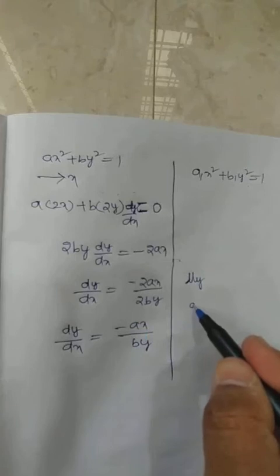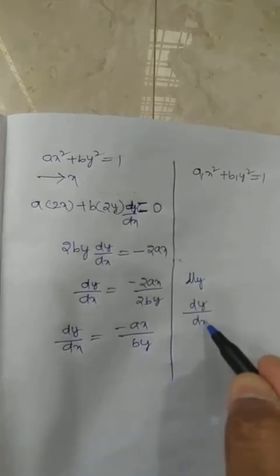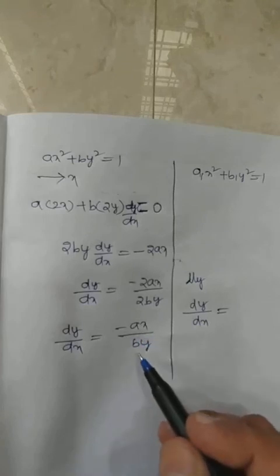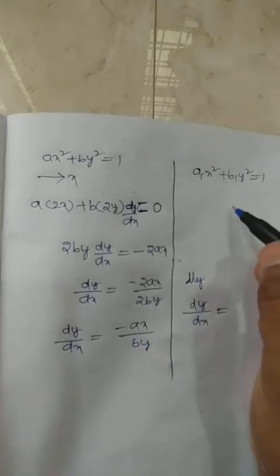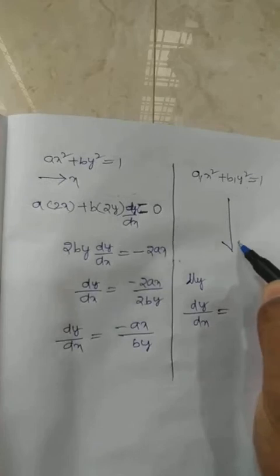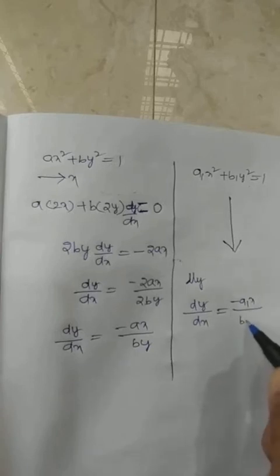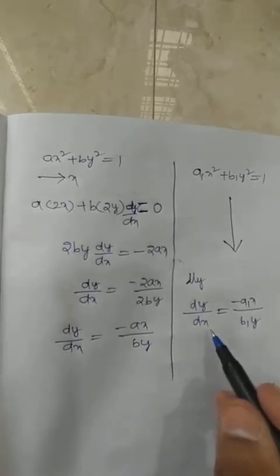So dy by dx of this curve: in place of a I get a1, in place of b I get b1. If you want to prove it, you can prove it here, but I will write directly. It is minus a1x by b1y for this curve. This is the derivative of this curve.